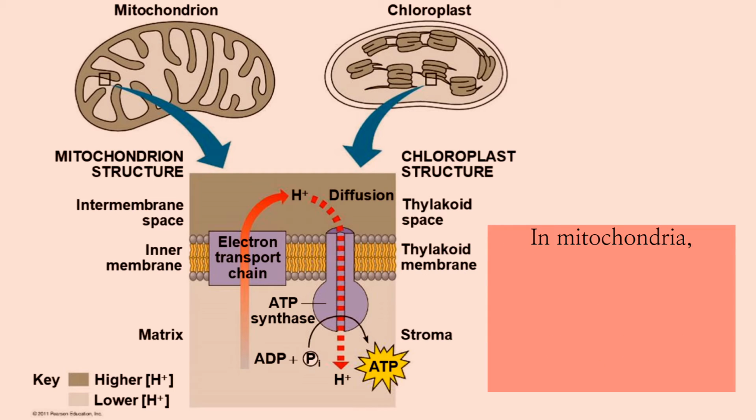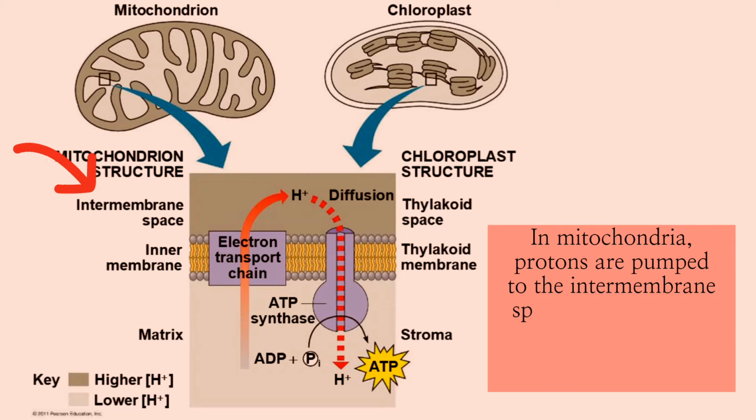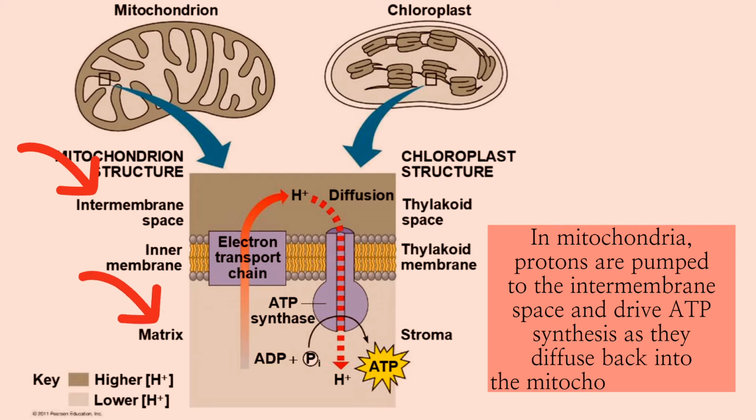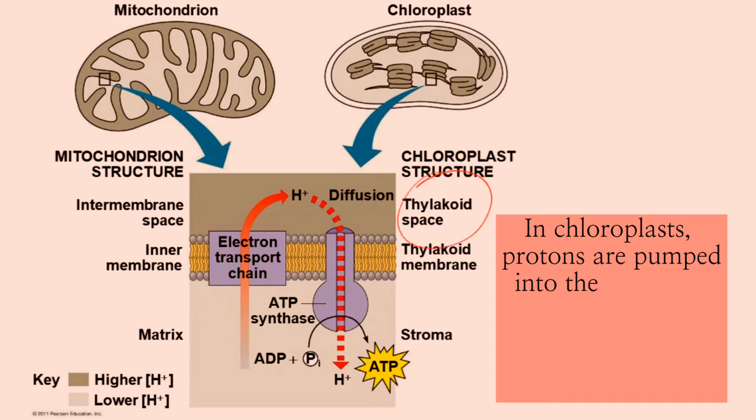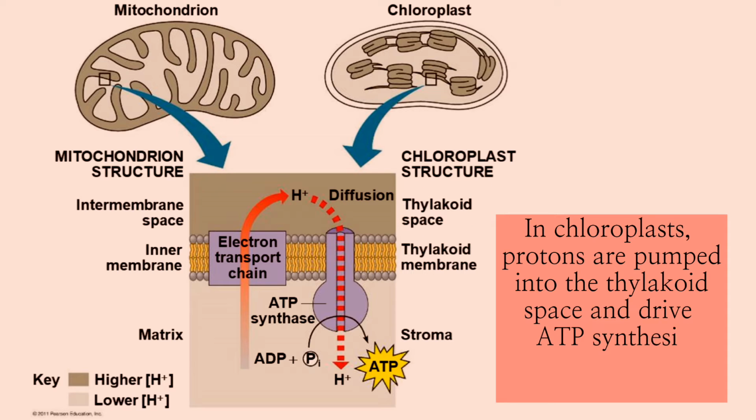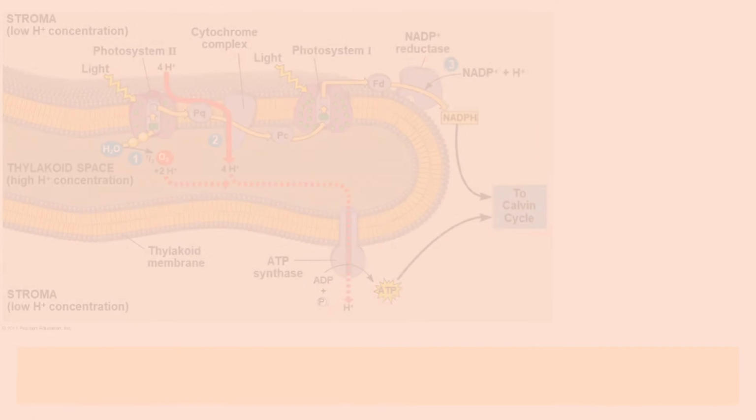In mitochondria, protons are pumped to the intermembrane space and drive ATP synthesis as they diffuse back into the mitochondrial matrix. In chloroplasts, protons are pumped into the thylakoid space and drive ATP synthesis as they diffuse back into the stroma.